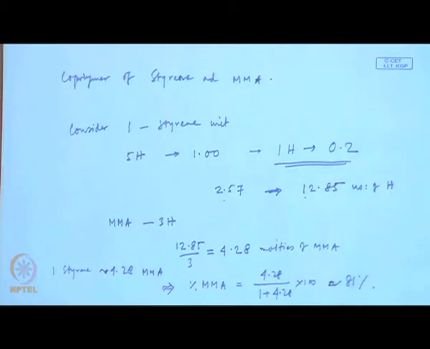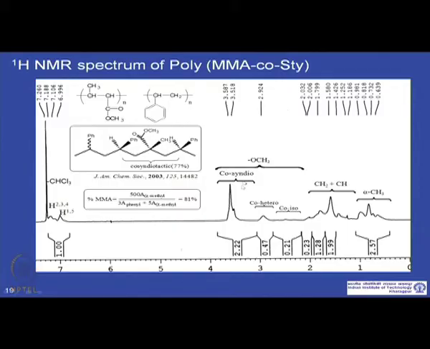Okay. So, this is one example showing that using the proton NMR spectrum, you can actually get information about the composition of the copolymer. Now, obviously, to do this exercise, you have to identify peaks which correspond to one particular moiety. For example, this one we had for the styrenic moiety and this one for the PMMA moiety.